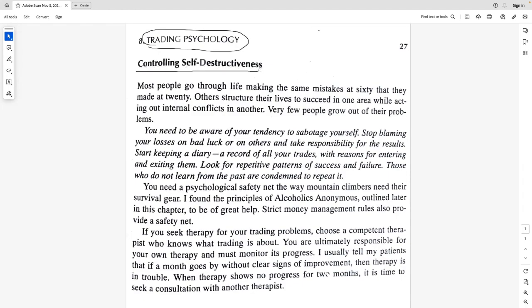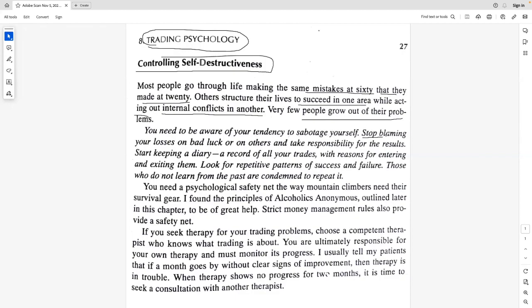Controlling self-destructiveness. Most people go through life making the same mistakes at 30 that they made at 20. Others structure their lives to succeed in one area while acting out internal conflicts in another. Very few people grow out of their problems. And here is the most important statement. You need to be aware of your tendency to sabotage yourself.